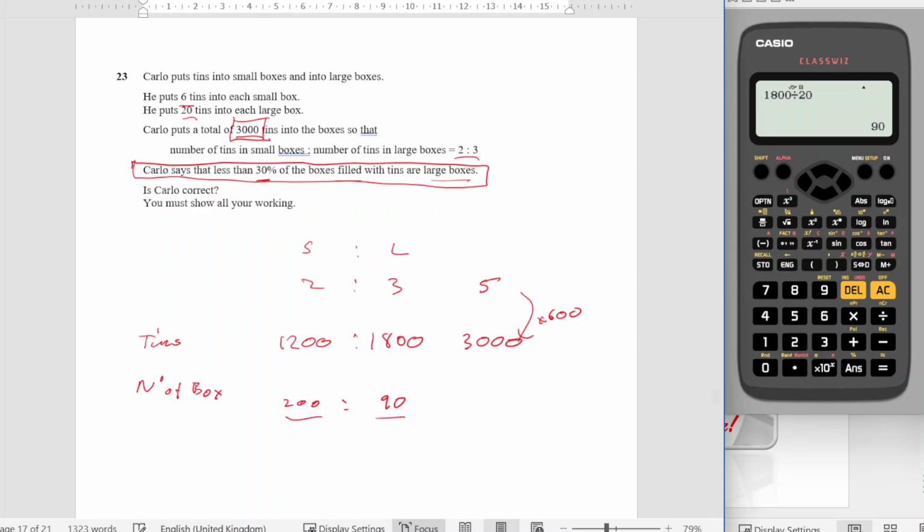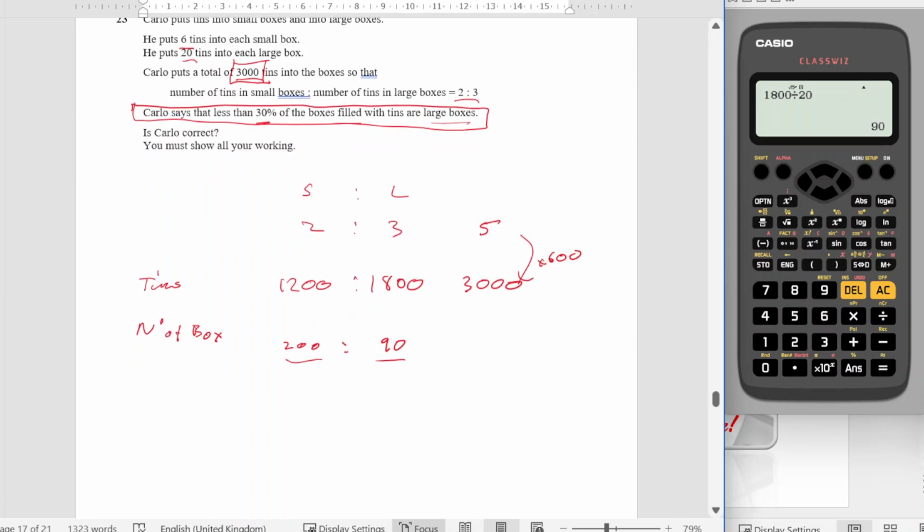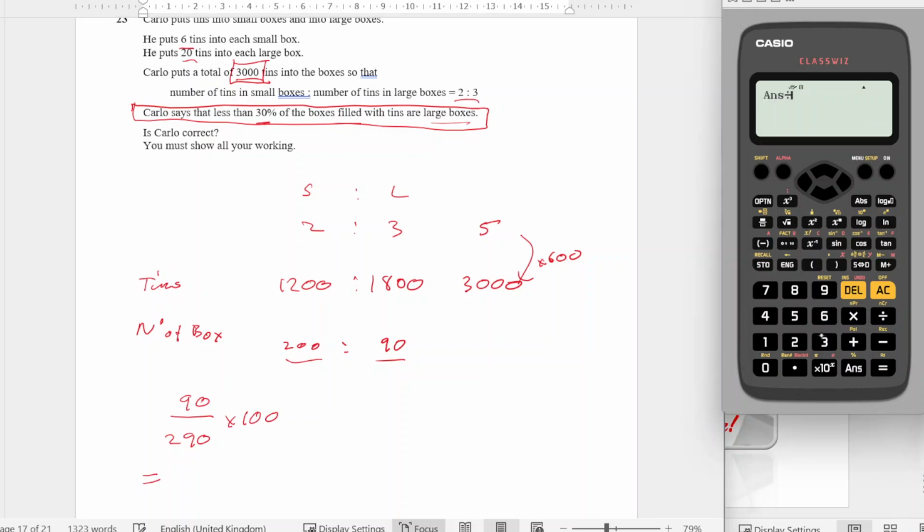That looks right. Carlo says that less than 20% of the boxes are large boxes. So let's look at what the actual percentage is. So we have got 90 large boxes out of 290 boxes in total. If we times that by 100, that gives us 90 divided by 290 times by 100.